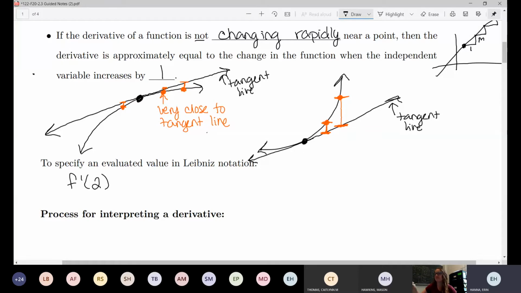Now, the bad thing about Leibniz notation is that writing stuff like that is not as nice. The Newtonian notation is much nicer for these, but the Leibniz equivalent would be dy over dx, then you have this vertical line, and then you tell them where you're at. So it's a much more tedious notation for writing down where we evaluate the derivative, but that's how you would do it.